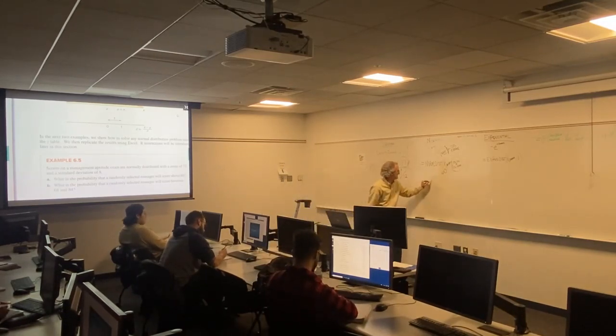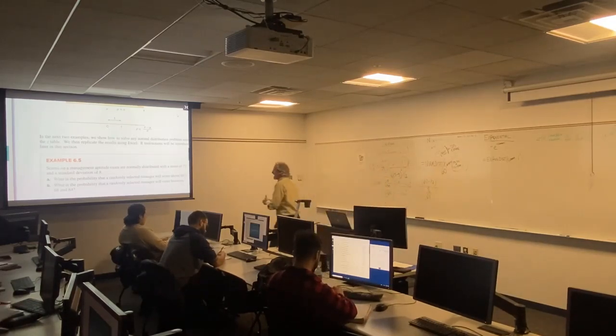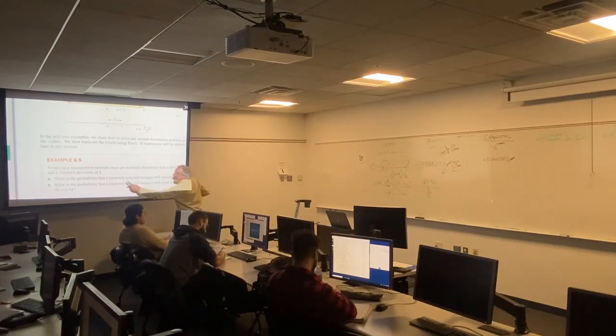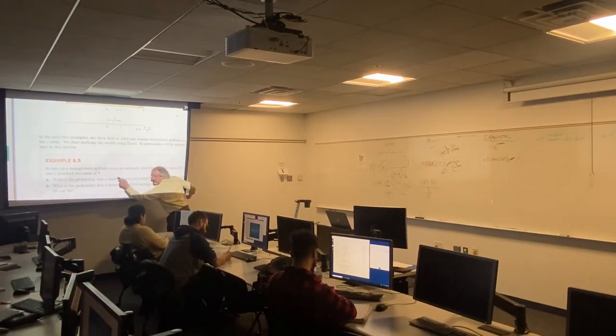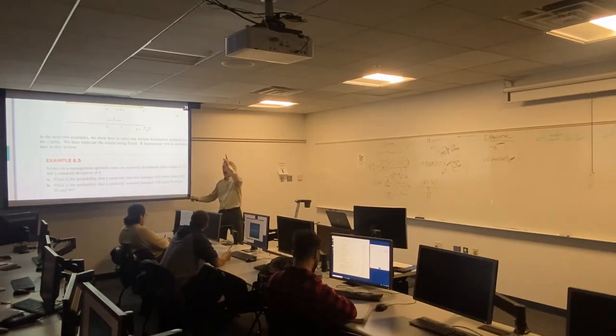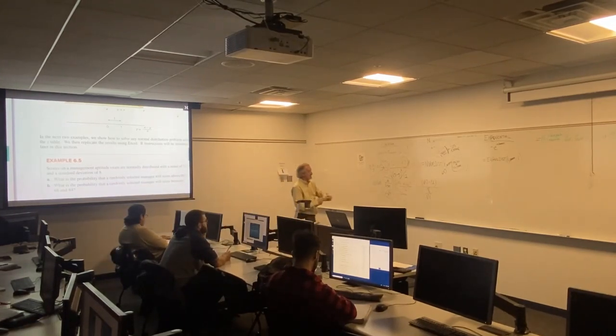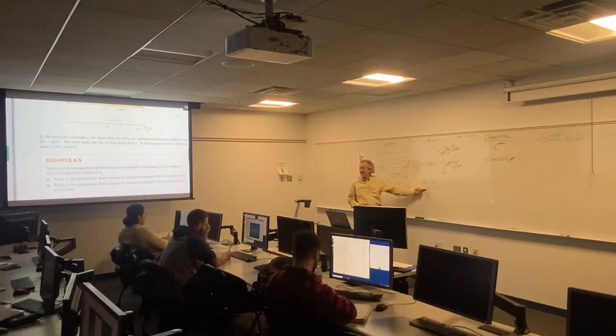So 60 minus 72, there's our numerator, divided by the standard deviation, also given to us. Standard deviation is 8, over the square root of 1, because the question says, what's the probability that a randomly selected manager. That A right there is the same as saying 1. And that's why this is only an 8 here.